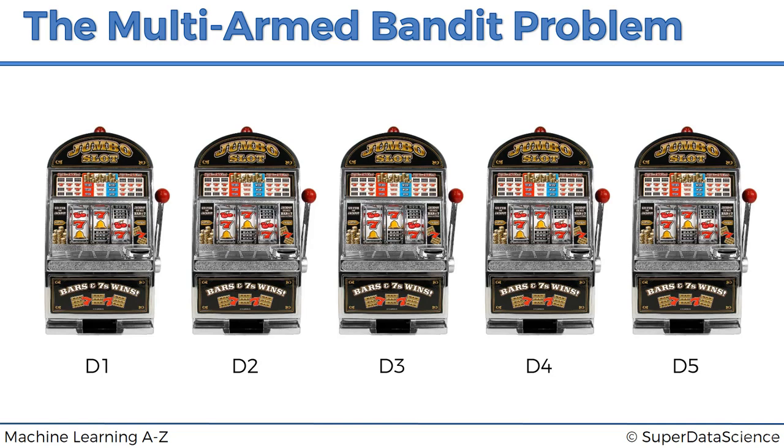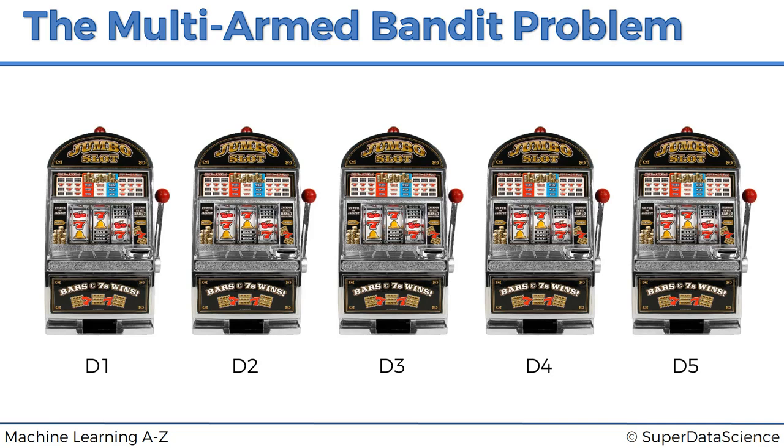Each one of these machines has its own distribution, and it picks out a result. You pull the trigger and it just picks out randomly out of its distribution a result, an outcome, whether you win or whether you lose, and how much you win and how much you lose. Or basically you lose the same amount you just put in the coin. But basically it tells you whether you win or lose based on the distribution that's built into the machine.